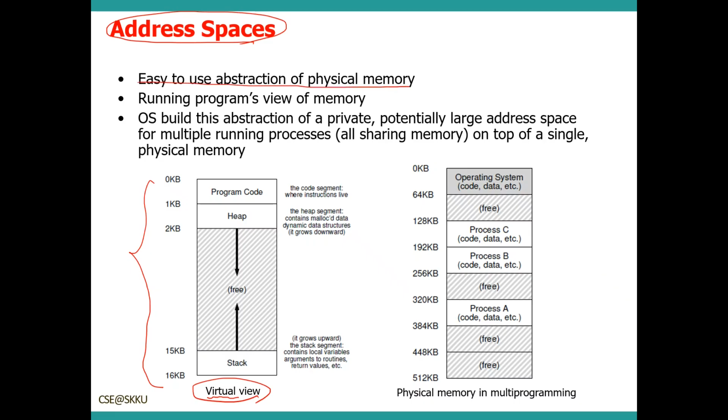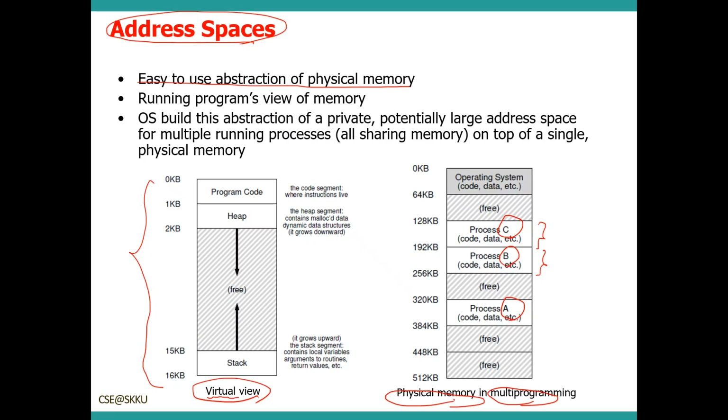If you look at the real physical memory, recent computer systems support multi-programming. So multiple processes can be executed simultaneously, and they share the physical memory device. Some region is used for process C, some region is used for process B, but each process can consider it has its own private contiguous memory space.